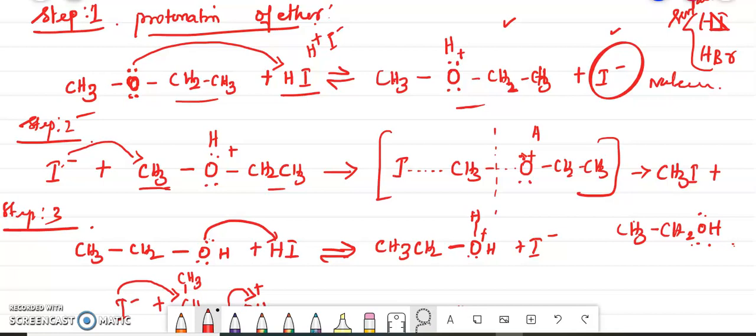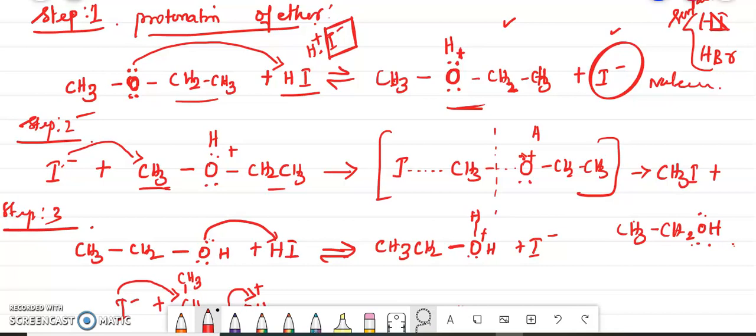So we got this product: CH3 bonded to oxygen with a lone pair, and here there is a plus charge because of the proton, H plus. So CH3CH2CH3. Again there is a separation of the ion nucleophile. The nucleophile is separated as it is.